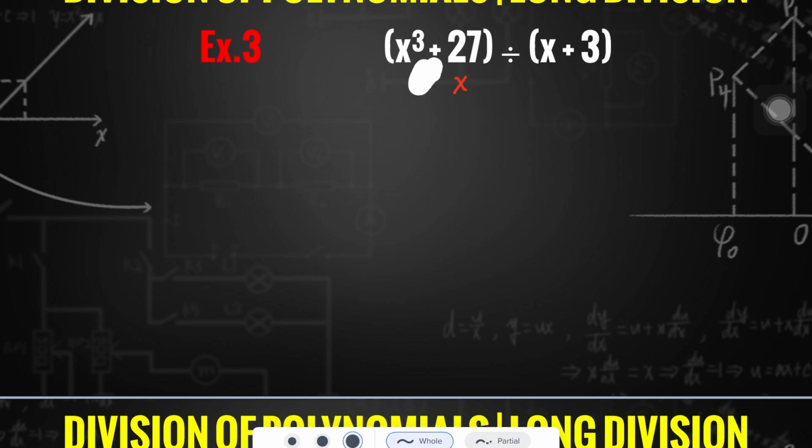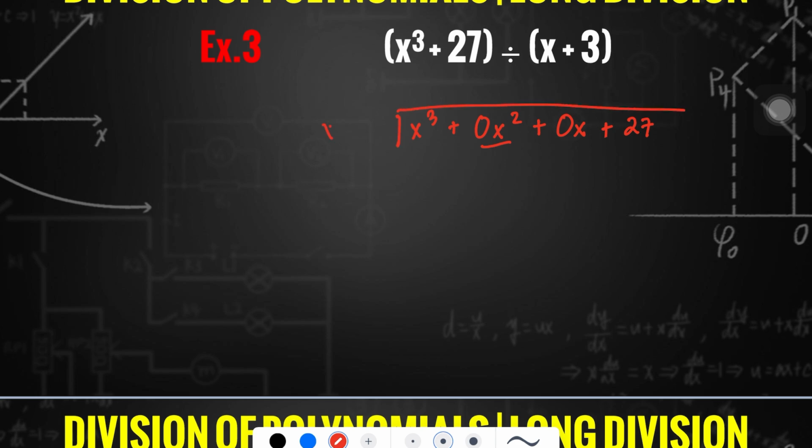We have x cubed plus 0x squared, because we're missing the x squared here, and 0x plus 27, divided by x plus 3. If you've got missing powers, use 0 and then the power which is missing.